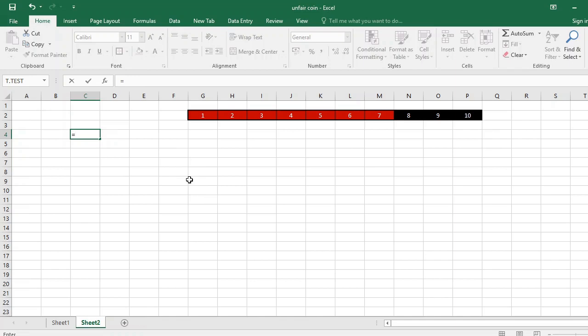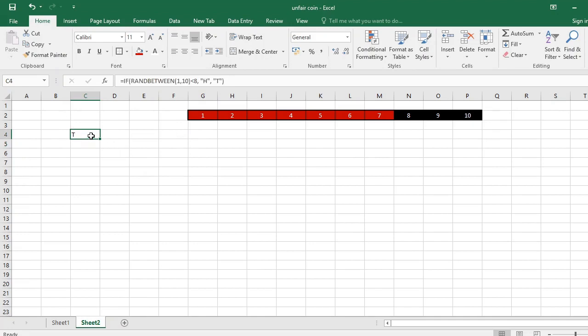We say that if rand between 1, 10 produces a value which is less than 8, then consider that you have got heads. Else, if you get any of the remaining numbers, which is 8, 9 and 10, you consider that you have got tails. Now let's execute this formula in this cell.